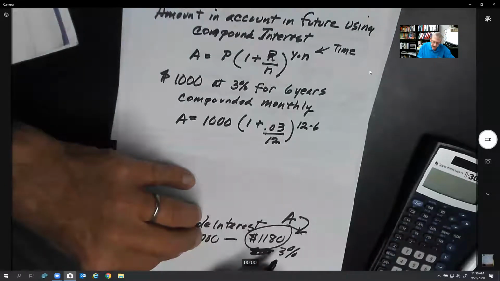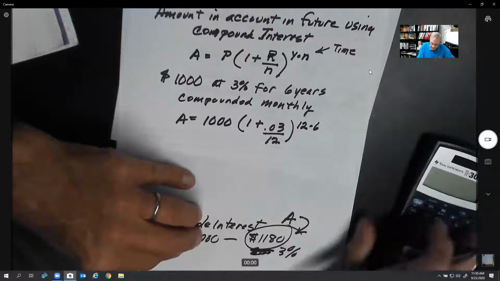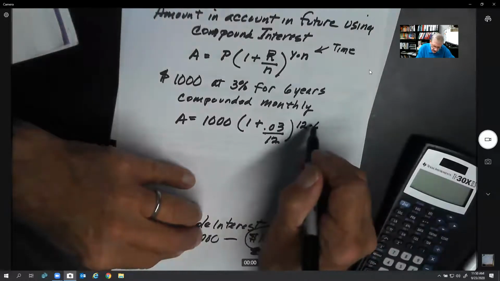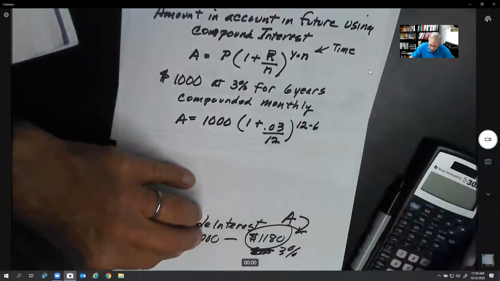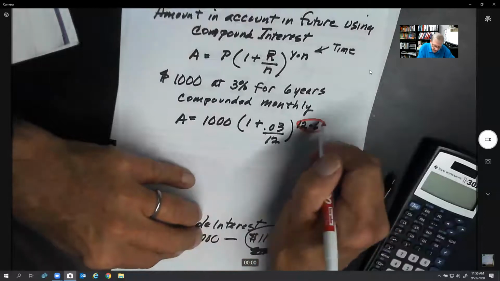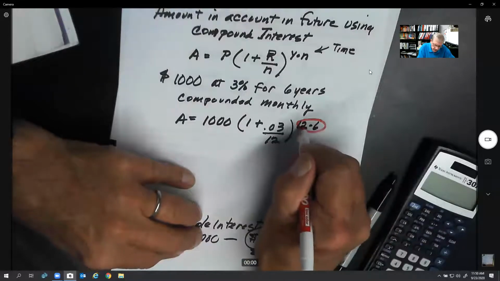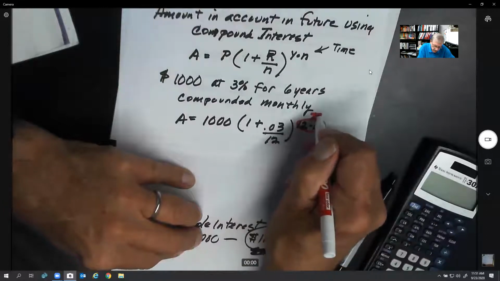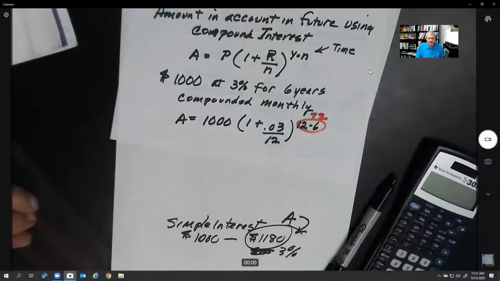That's why you need a fancy calculator. So this is going to become 72. It's easier to just multiply it out: 12 times 6 is 72. You could write it down, but then put a 72 above it.